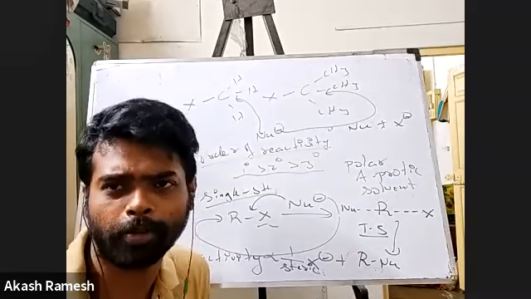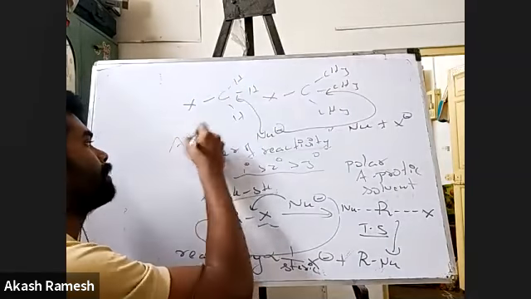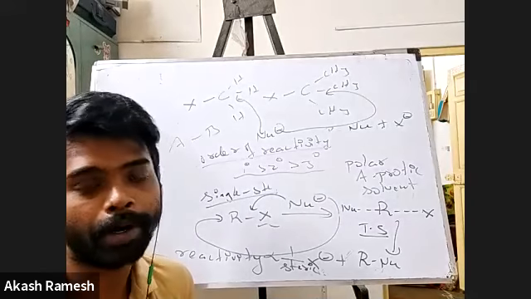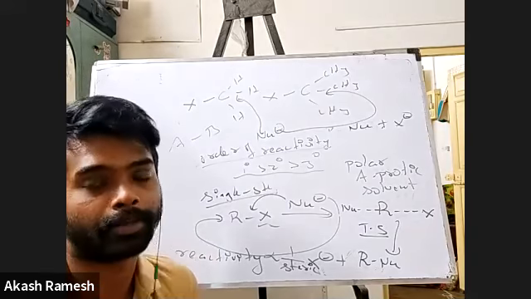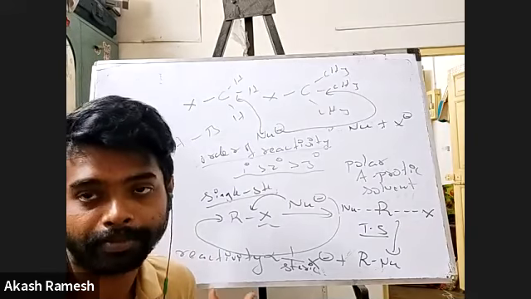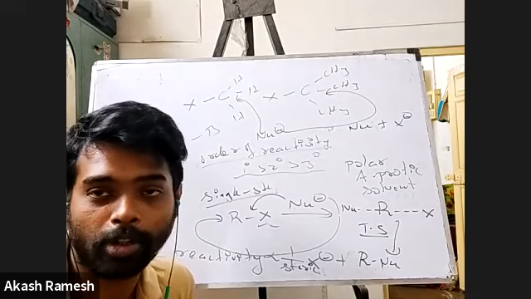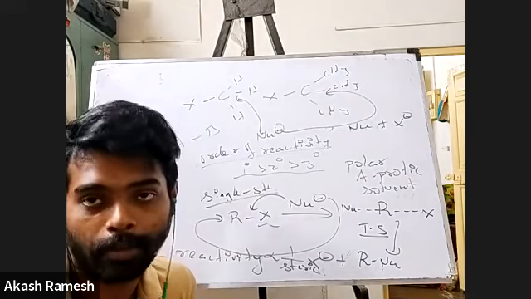Polar. You know what is polar? When I say a polar bond, an A-B bond, it has a high electronegativity difference between the bonding atoms. Say, for example, HCl. Chlorine is highly electronegative, hydrogen is highly electropositive, so there is a huge difference in electronegativity between the bonding atoms.